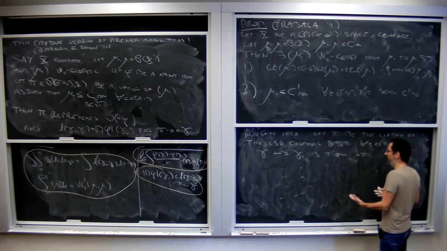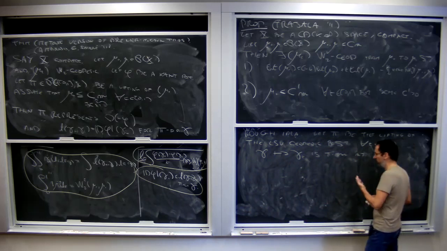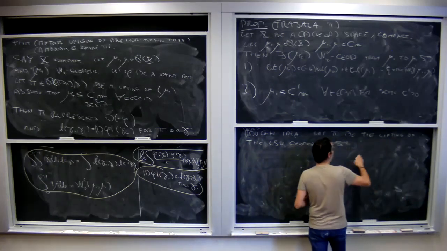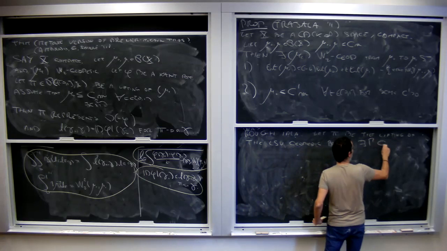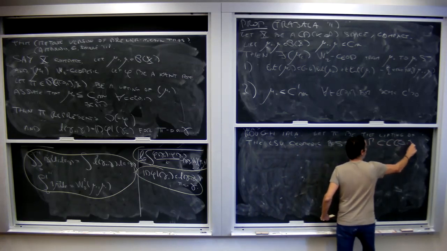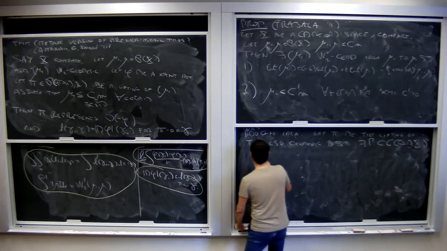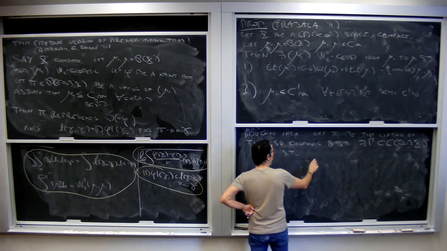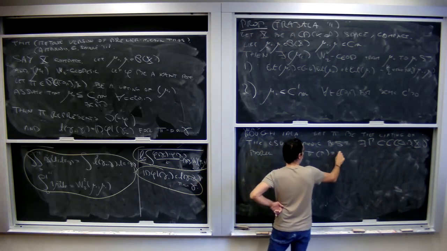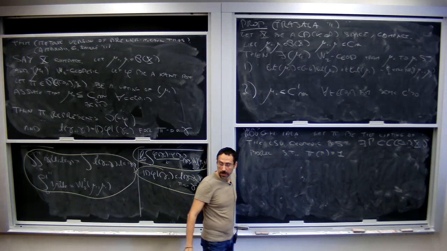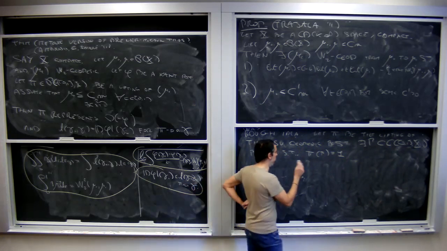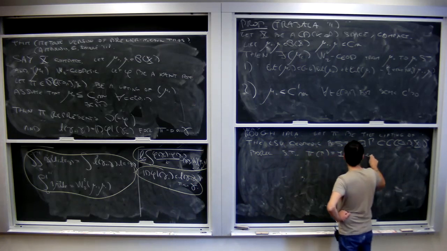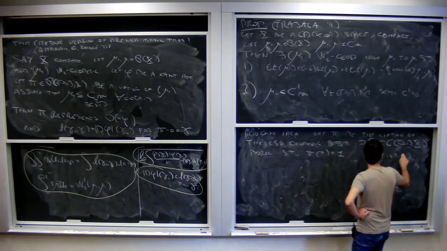It means that pi is concentrated, let me say it like this, such that there exists a set of curves Gamma, Borel, such that pi of Gamma is 1. So pi is concentrated on this set Gamma, and such that e_t restricted to Gamma is injective.